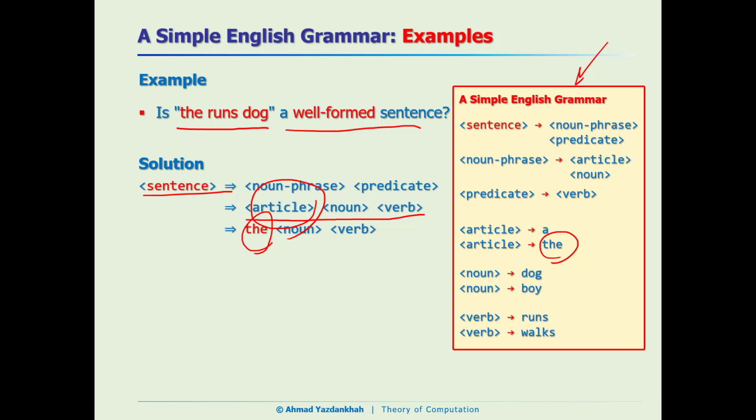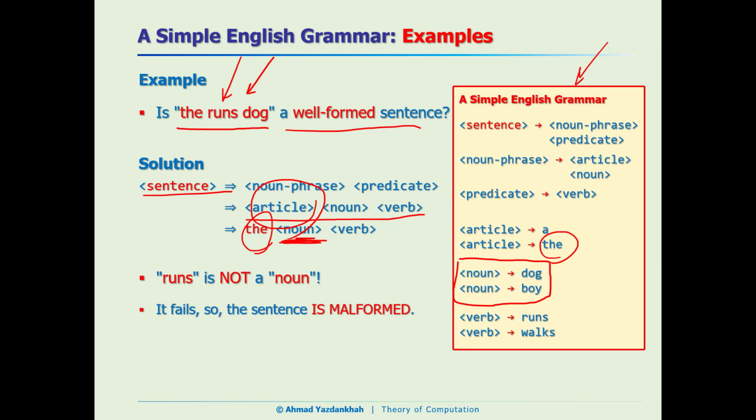How about for the noun? Do we have "runs" here? When we look into the noun, we cannot find any "runs" here. So it means that this sentence cannot be derived over this simple English grammar. That's why we say this is a malformed sentence.